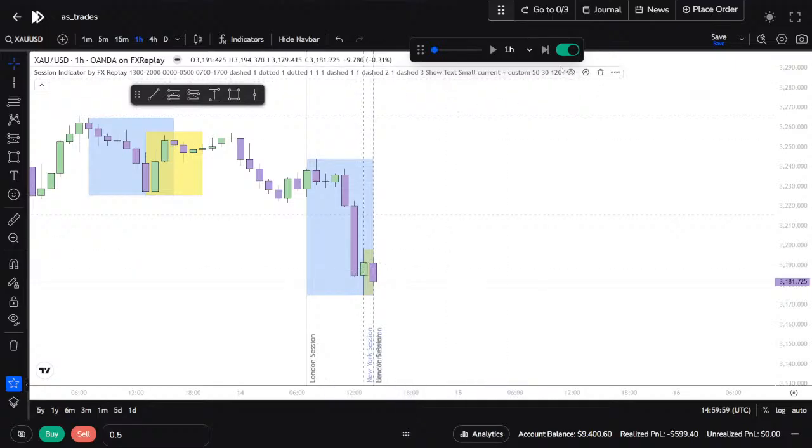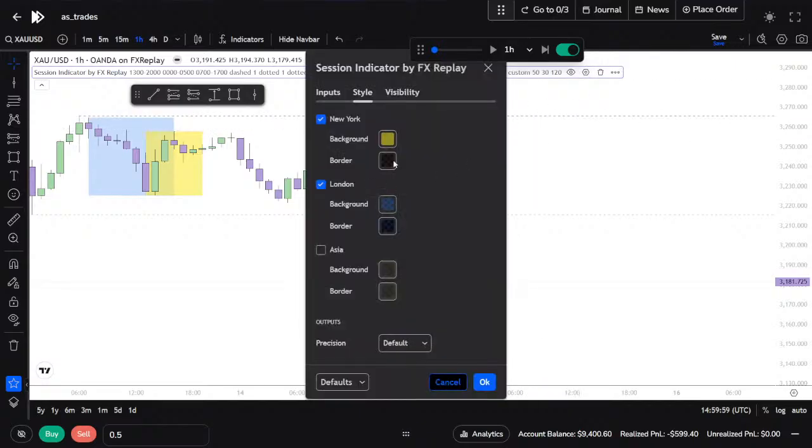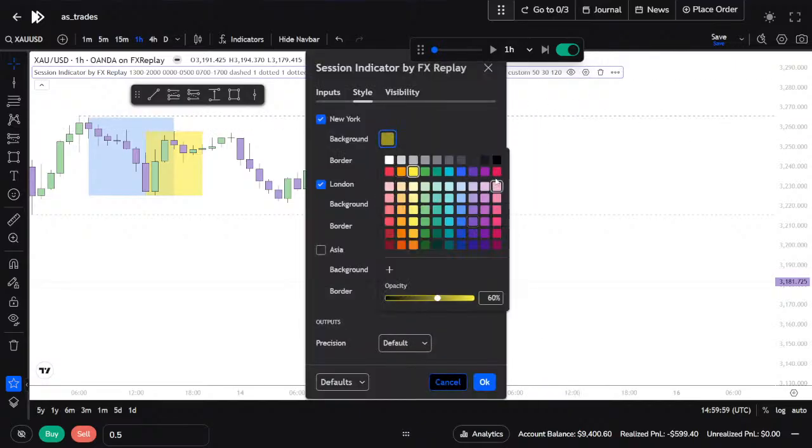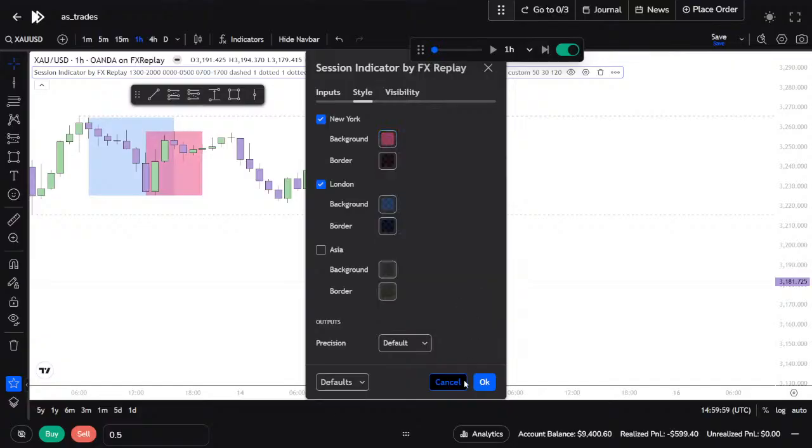I think yellow doesn't really work, so let's change it to pink. Pink is not the best in terms of practicality. Light pink. Yeah, I guess that works.